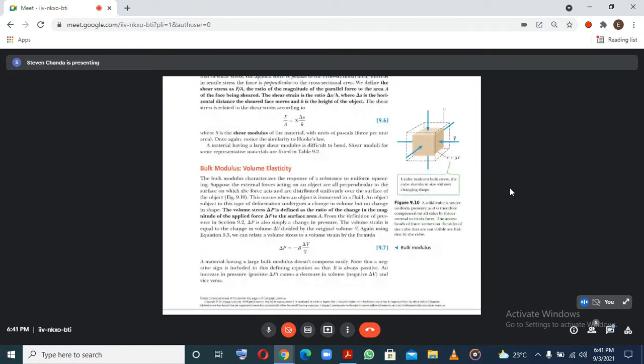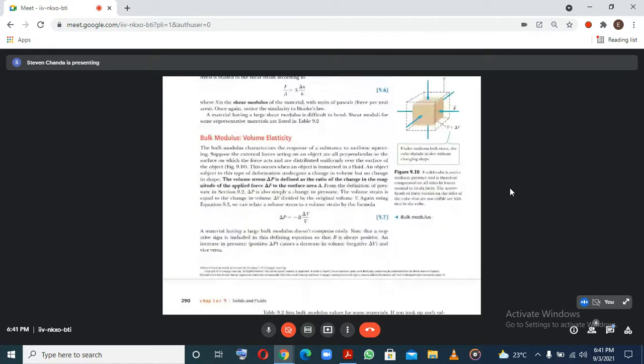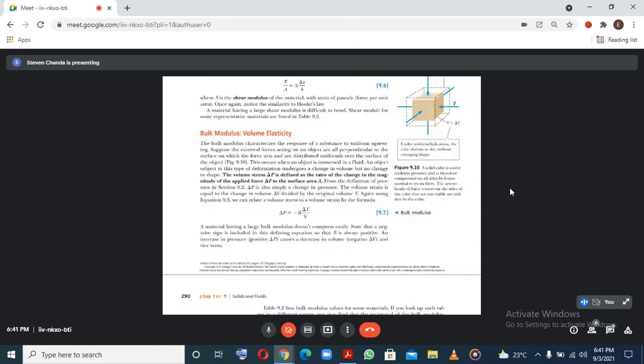For the bulk modulus, the forces will be acting so uniformly that they don't cause a Young's modulus or a shear modulus. They don't cause elasticity in length, or shear elasticity, or a change in shape, but what they cause is a change in volume.